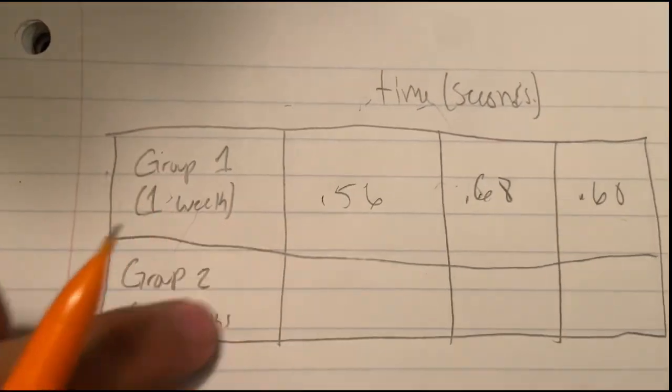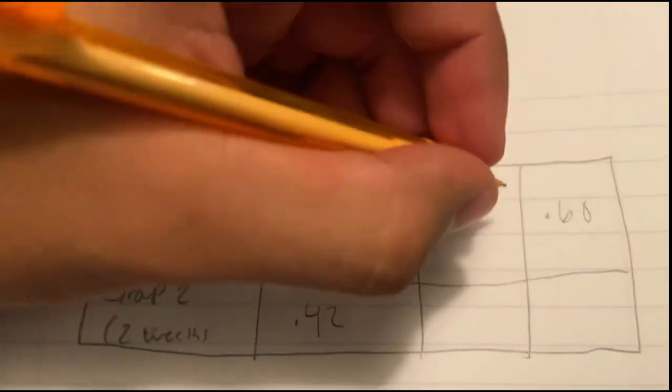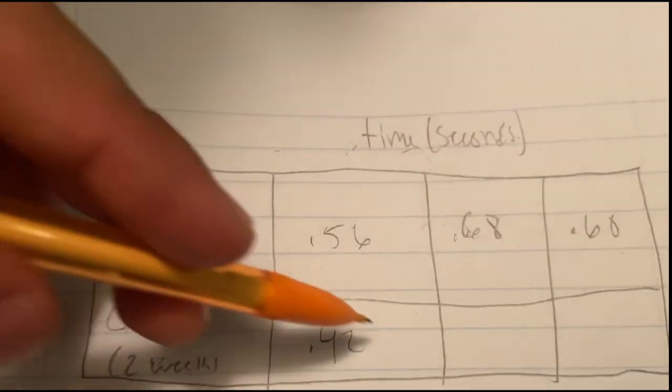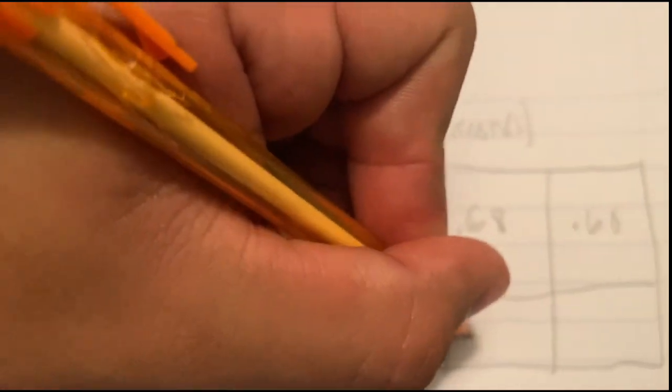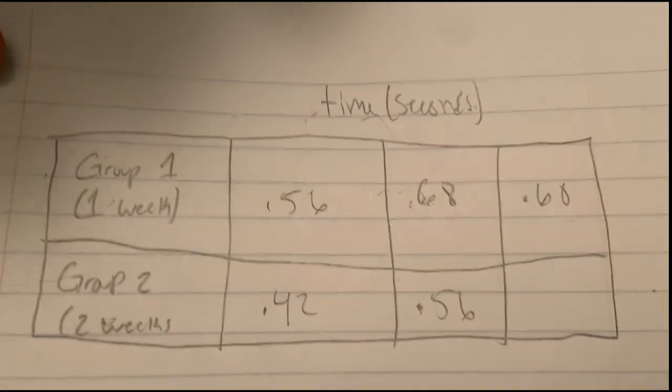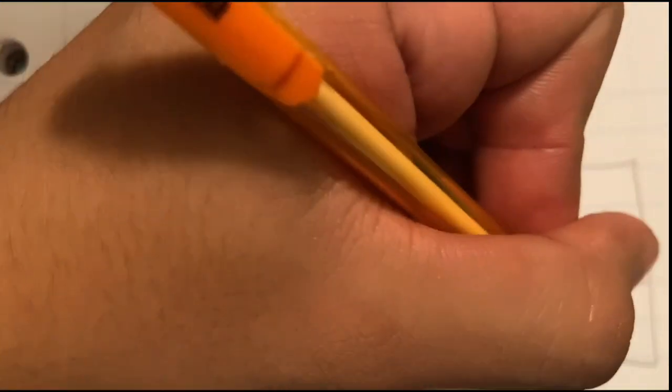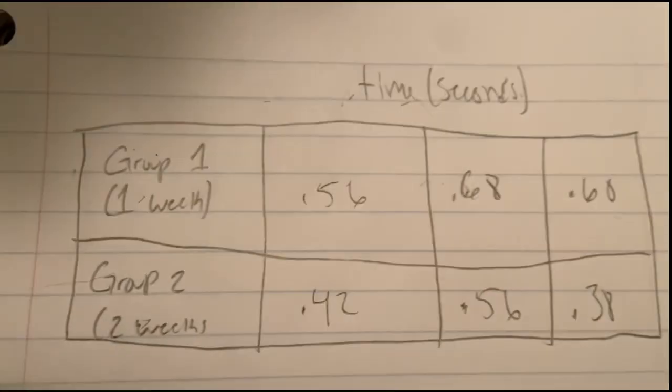And now the group 2 bananas, the first banana from group 2 took me 0.42 seconds to break, and the second banana from group 2 took me 0.56 seconds to break. The third banana took me only 0.38 seconds to break.